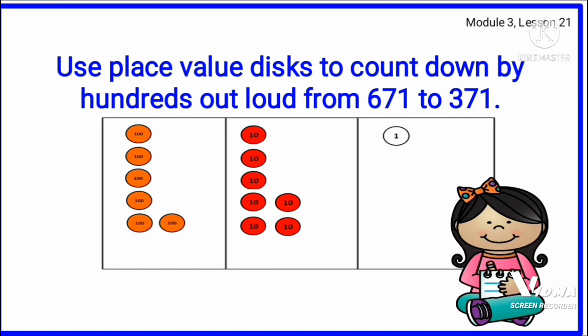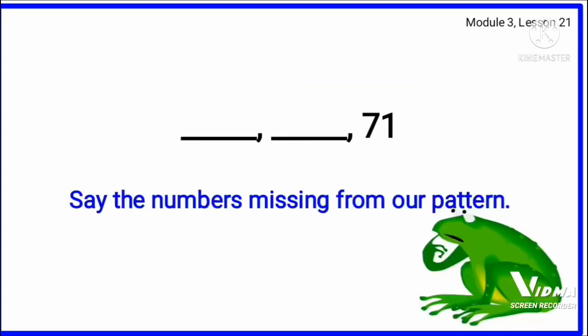Now use the place value chart to count down by hundreds from 671 to 371. Let's count by hundreds. 571, 471, 371. Quite easy. Now look at the pattern. Can you see the pattern, the missing numbers now?